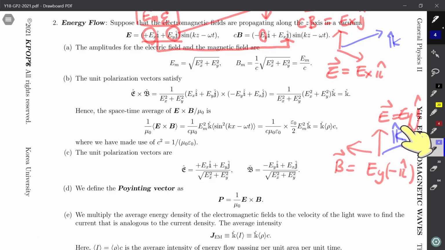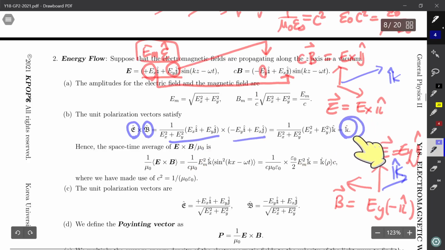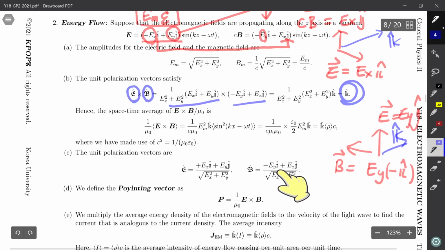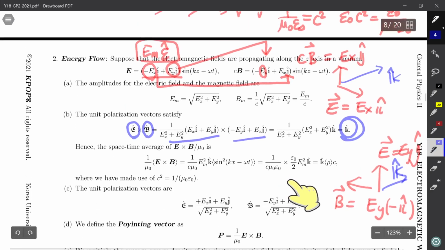All right. So unit vector along the electric field and unit vector along the magnetic field, that can be computed exactly as a k vector, that is a unit vector along the axis of propagation. Next, we consider electric field cross product with the magnetic field divided by mu 0.